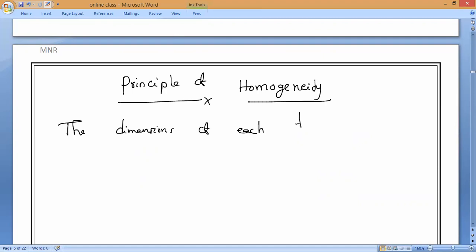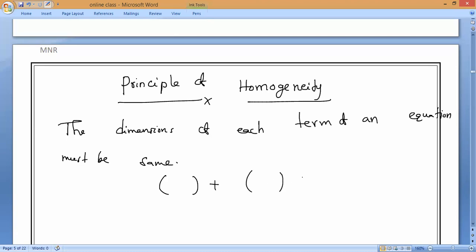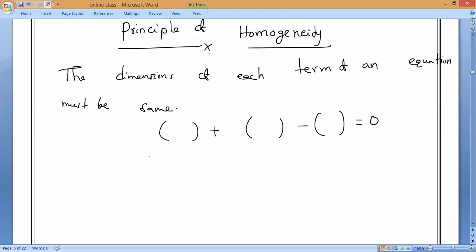Let us see, I will explain. For example, I have an equation with some addition, subtraction, multiplication, whatever it is, equal to 0. This is one term, this is the second term, this is the third term.